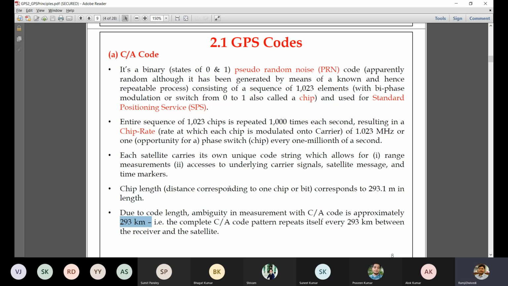That means the whole code length is this much. If you miss the whole code, which consists of 1023 chips, you miss the whole measurement. The complete CA code pattern repeats itself every 293 kilometers between the receiver and the satellite. It's a very beautiful line.